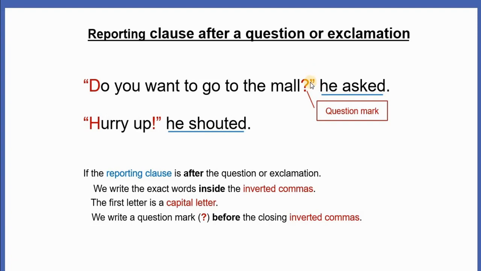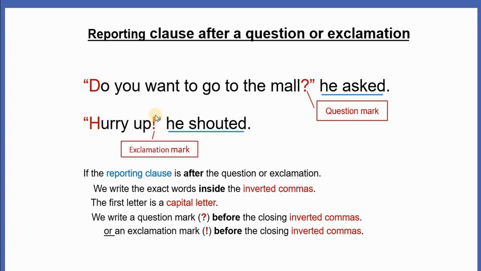So we don't write a comma, we write a question mark or an exclamation before the closing inverted commas here. Okay? Again, we don't write a comma because it is an exclamation. So we write an exclamation mark.